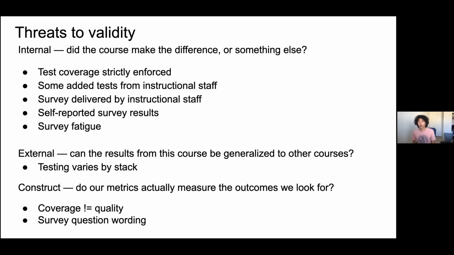In terms of external threats to validity, which is, can we generalize this? In terms of what technologies are available, while we tried to choose metrics and technologies that are generally available, such as just your average testing framework and code coverage, the availability of these different tools varies from tech stack to tech stack.